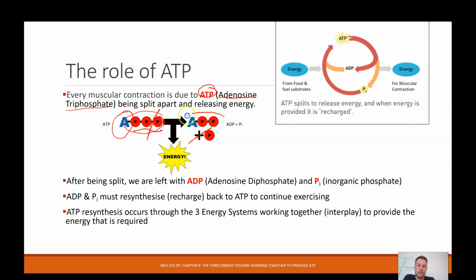So then we're left with 1 adenosine and 2 phosphates, which is referred to as ADP, adenosine diphosphate, meaning 2 phosphates. We also have one little spare phosphate by itself, which is referred to as an inorganic phosphate, or Pi. By splitting this ATP apart, we release energy, and this energy can be used for muscular contractions.